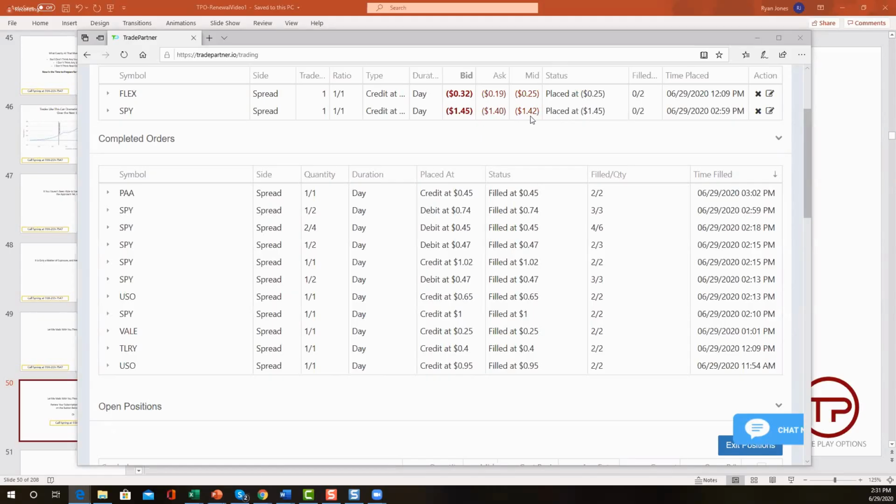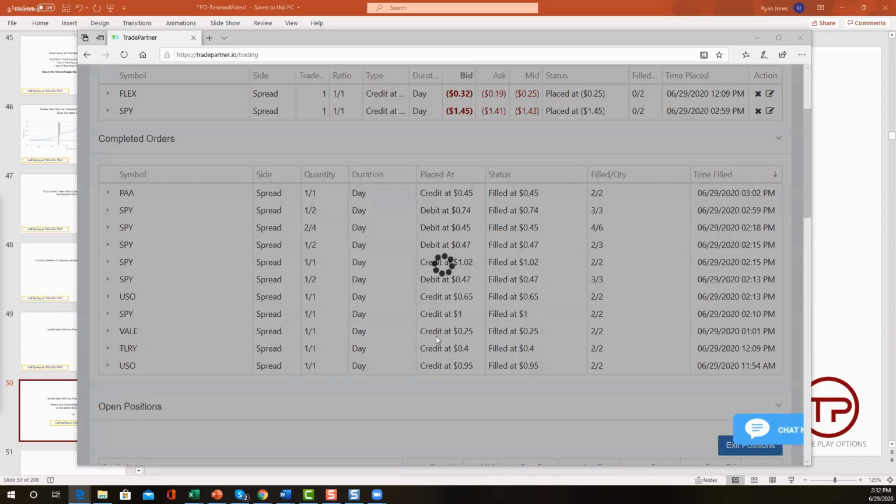So we're trading at $1.42. If you recall, I got filled on the 74-cent SPY debit, but I was not filled on the bearish trade. I would just go in here and I would say cancel and replace order. Whoops. I would have to turn off the smart order first.